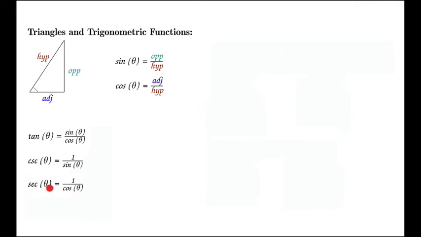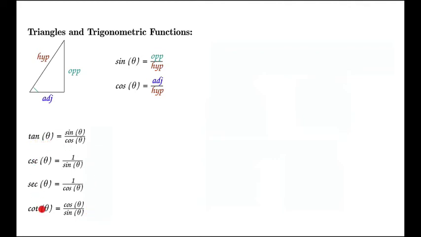Similarly, secant of theta is 1 over cosine theta. And tangent also has a reciprocal function, and that is cotangent of theta, which is defined as cosine theta over sine theta.